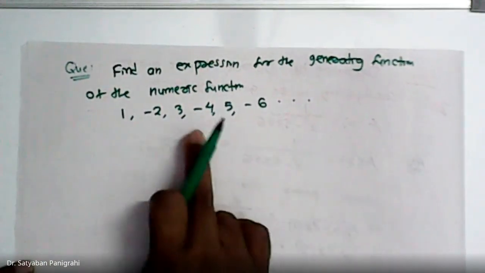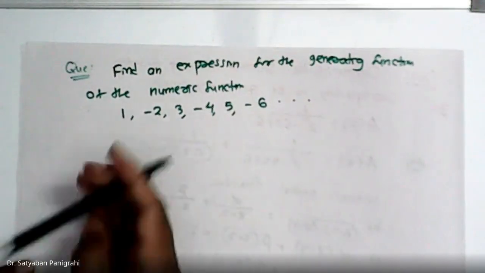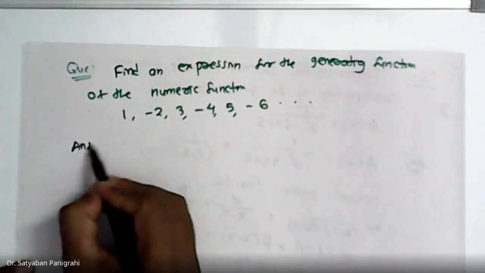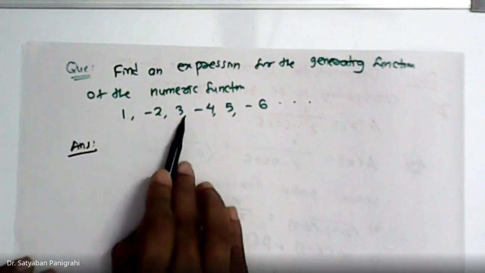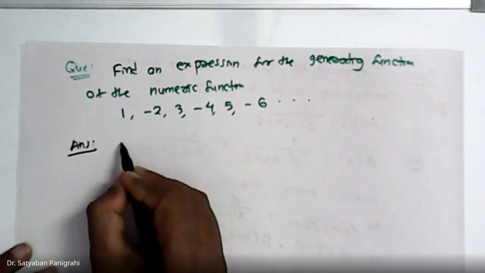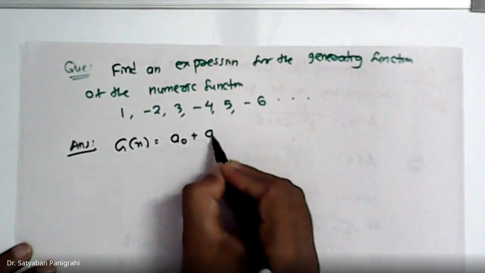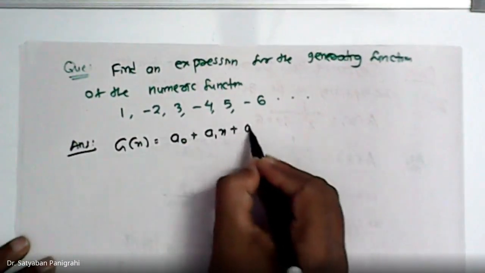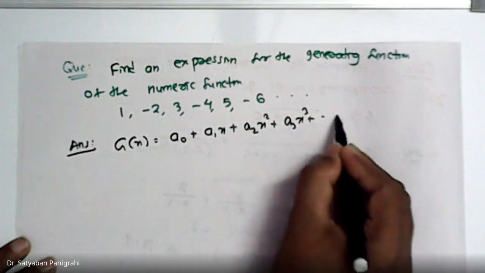That means we have given the sequence and we want to write its generating function. Okay, so for answer part, we can know this is A0, A1, A2, A3, A4, A5. So suppose we have G(x) equal to A0 plus A1x plus A2x square plus A3x cube plus all this.